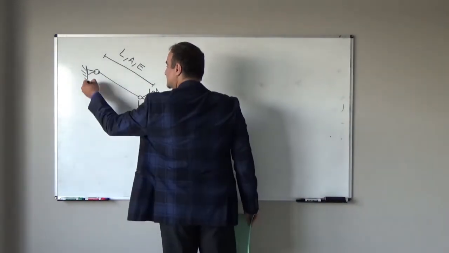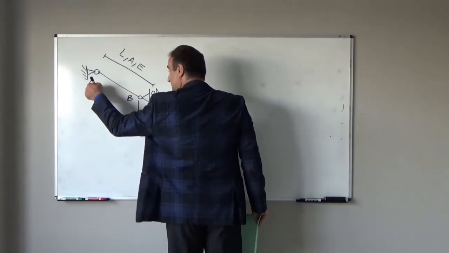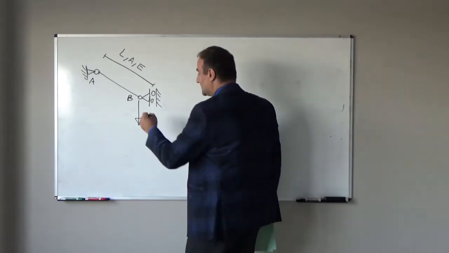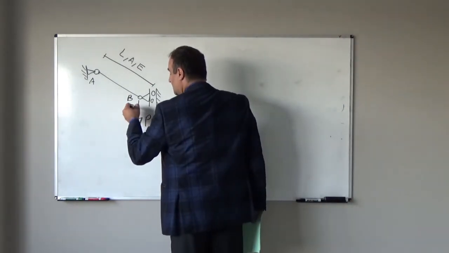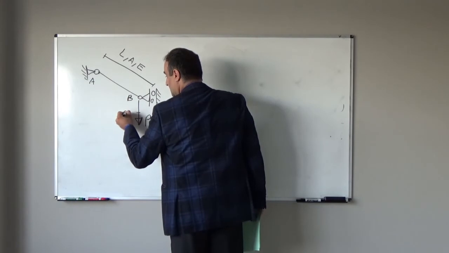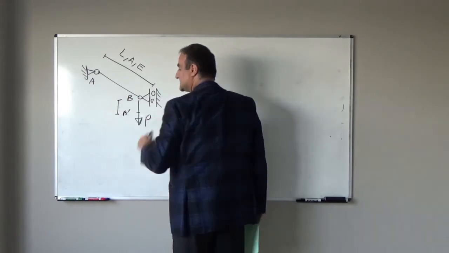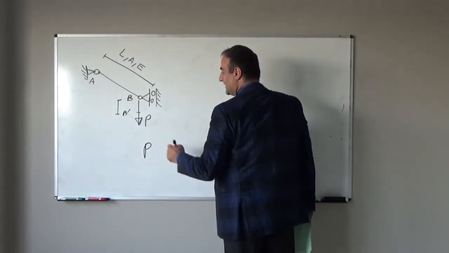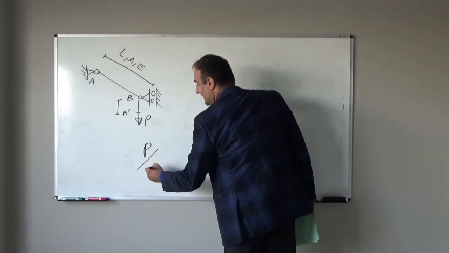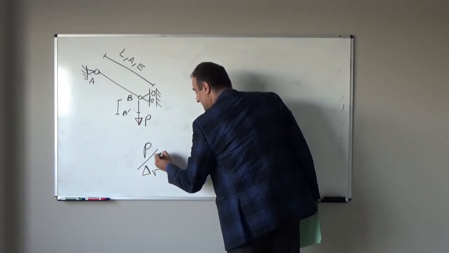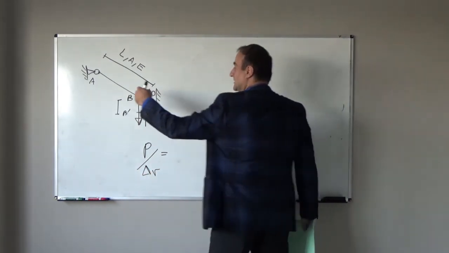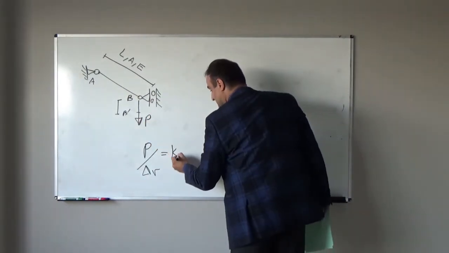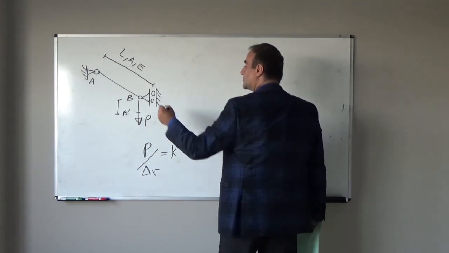How much will, for example, point B move down and come to point B prime? If I can find that value, force divided by deformation in the vertical direction will give us the stiffness of that member in the load direction.